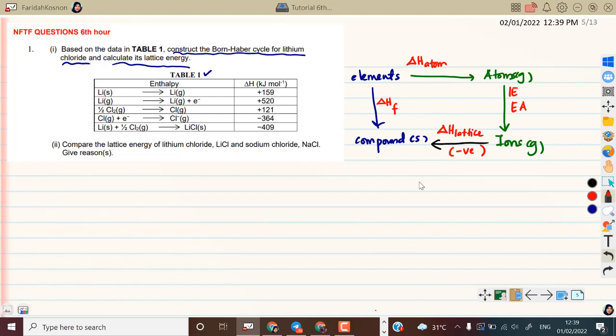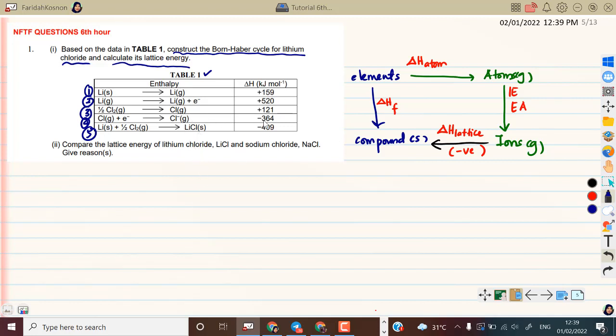Okey, dalam soalan ini, dia dah beri awak thermochemical equation tetapi awak kena kenal equation thermochemical equation 1, 2, 3, 4 dan 5 ni mewakili enthalpy yang mana. Okay, kalau you tengok pada soalan memang sangat jelas dia suruh kita kira lattice energy. Jadi thermochemical equation that involve lattice energy tu memang tak diberikan dalam table 1.